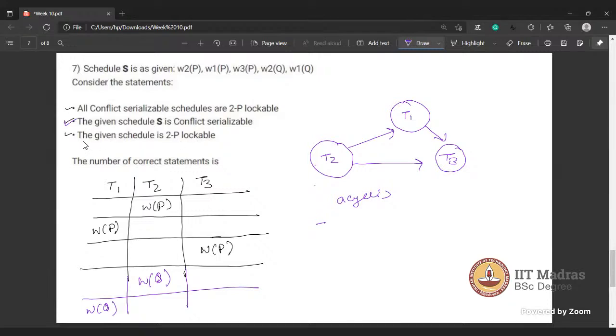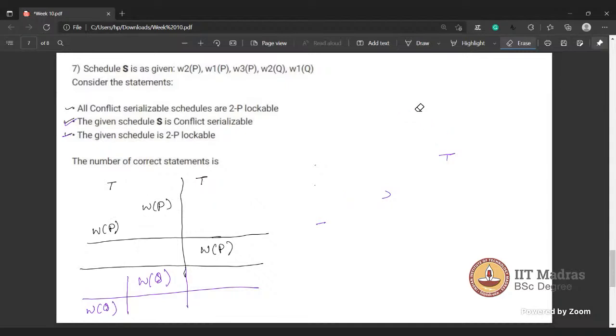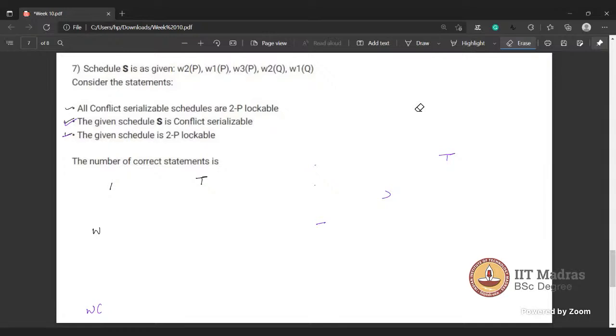Let's try to solve the third question. Is the given schedule 2PL lockable or not? T1, T2, T3.